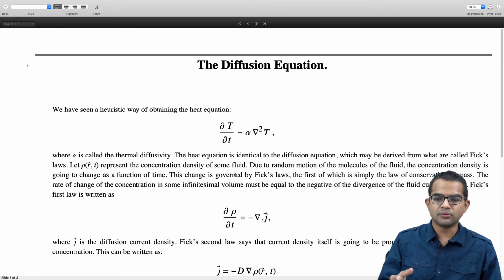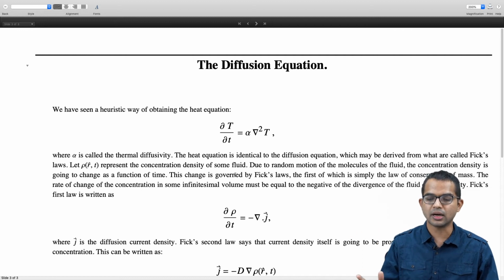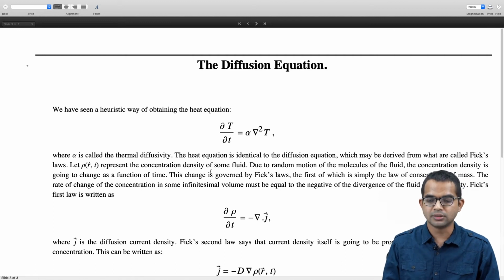So for the purpose of this discussion, we assume that the only dynamics comes from this kind of random motion of the particles. We ignore gravity, other kinds of phenomena like convection and so on. Ignoring all of that and thinking of this as purely a result of random motion of molecules.